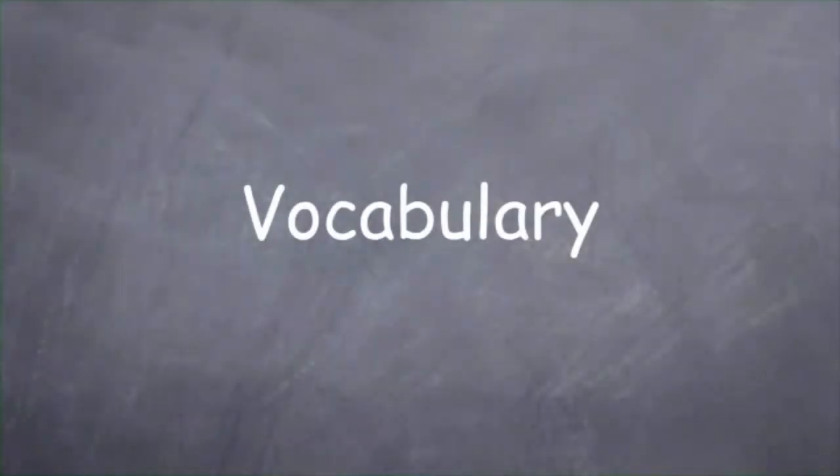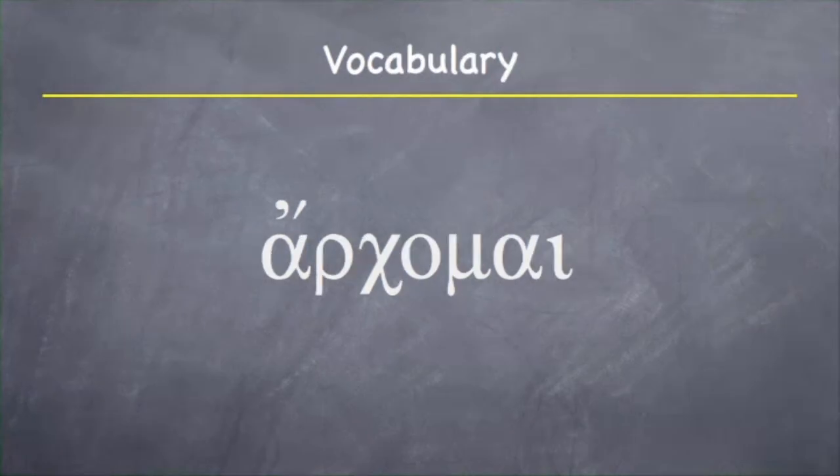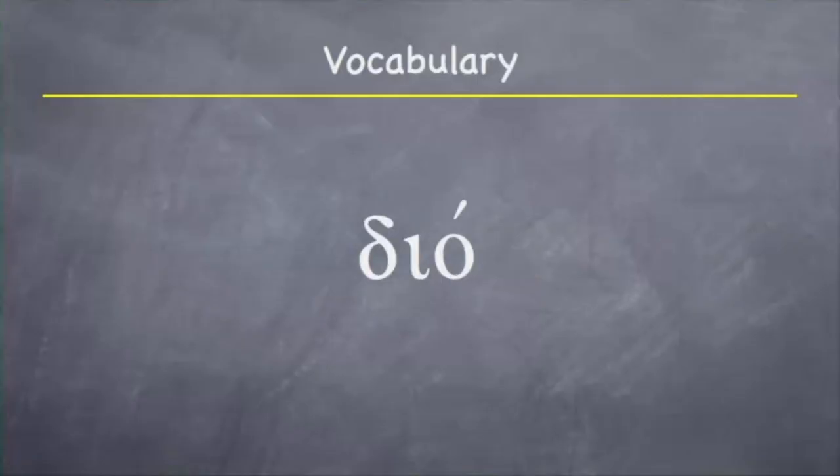No, all right. Well, let's learn the vocabulary for this chapter so you can get into the exercises. Aperchomai: I depart. Archomai: I begin. Grapho: I write. Dia: therefore, for this reason.